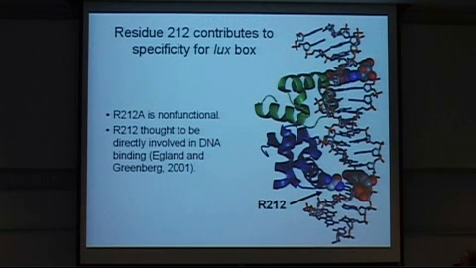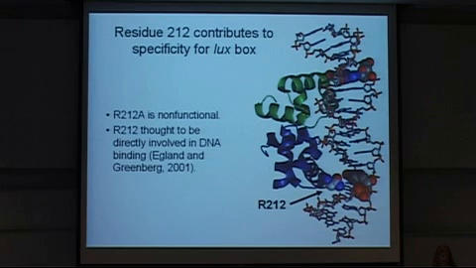But that position, 212, seems to be pretty important. If we look in the only crystal structure we have of a DNA binding domain homolog, it appears to contact the phosphate. So it's also not clear why that would actually be changing the specificity, but it does seem to work. And some previous biochemical work showed that position R212 is probably very important for DNA binding.